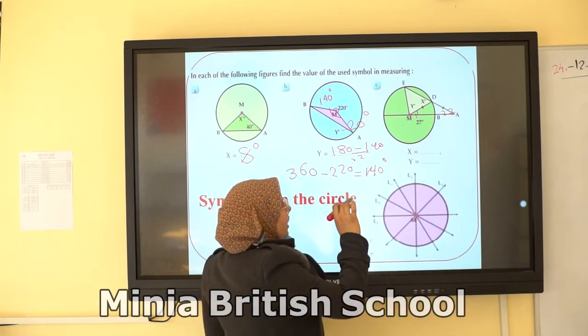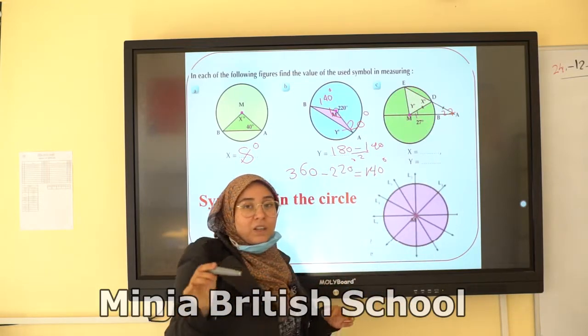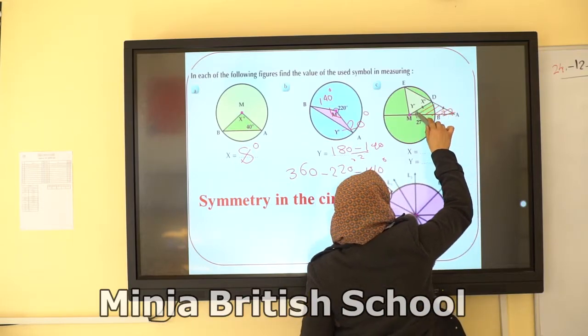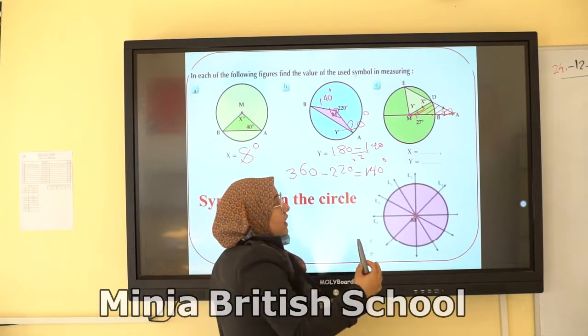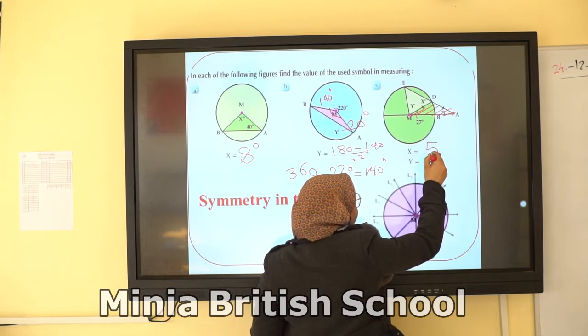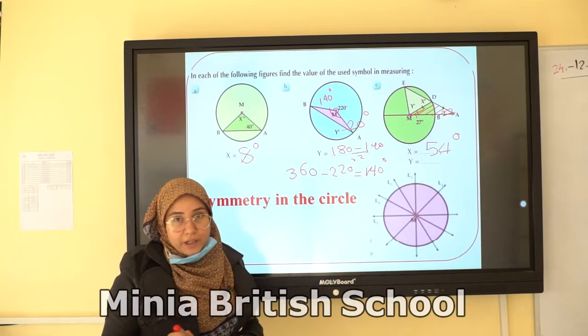Here, angle EDM is an exterior angle of triangle DAM. Therefore, the measure of angle X equals 27 plus 27, which equals 54, because it is the exterior angle of this triangle.